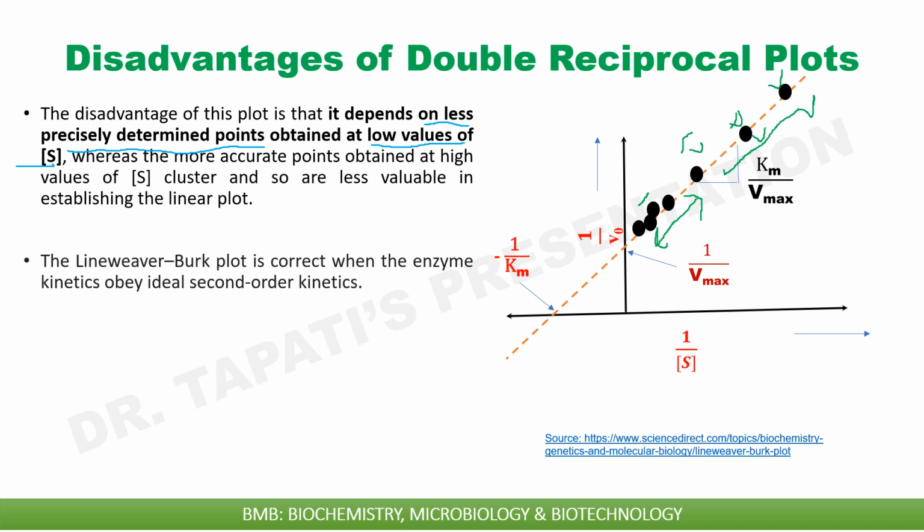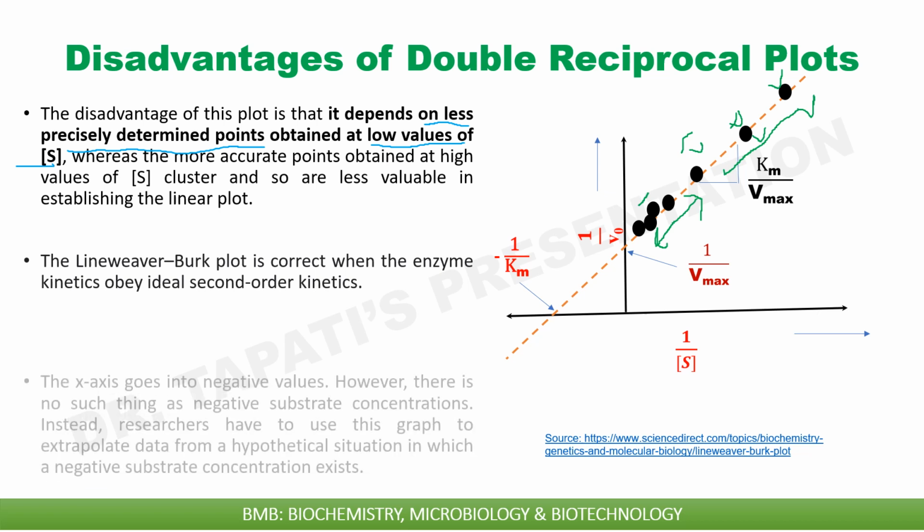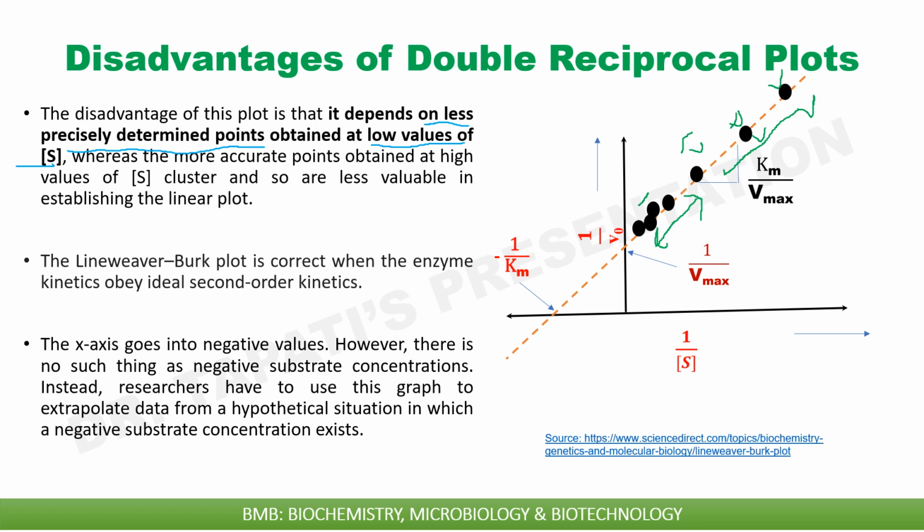The Lineweaver-Burk plot is correct when the enzyme kinetics obey ideal second order kinetics. The x-axis goes into negative values. In this case, already I told that the x-axis goes into negative values. These are the negative values we are extrapolating.